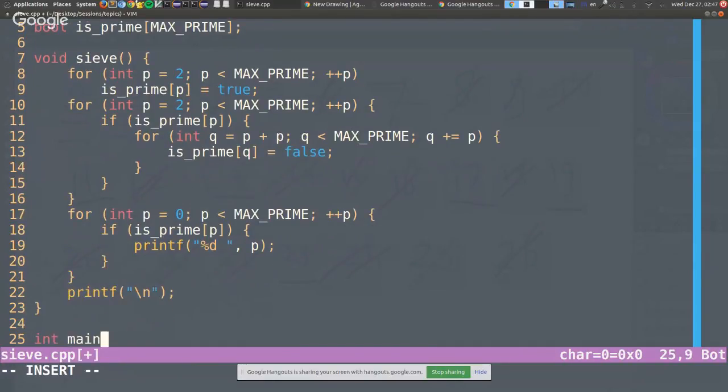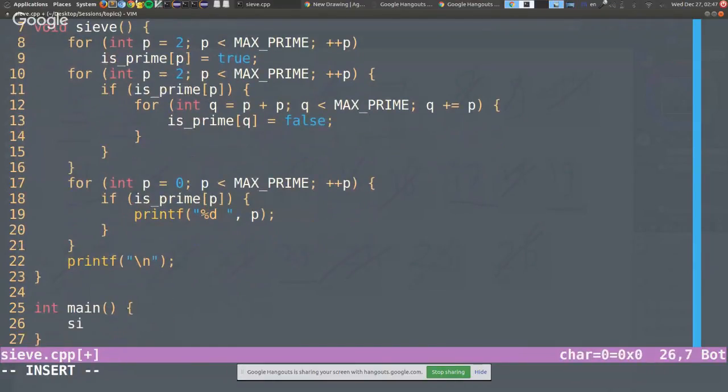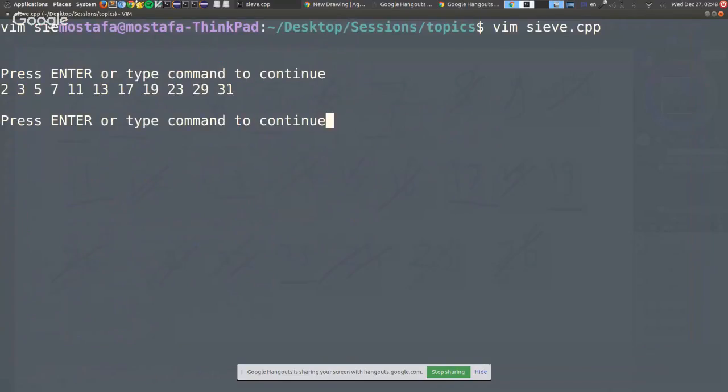So we can call it and see the result. So as you can see, here are the prime numbers until 30.